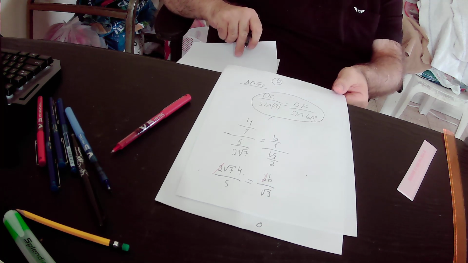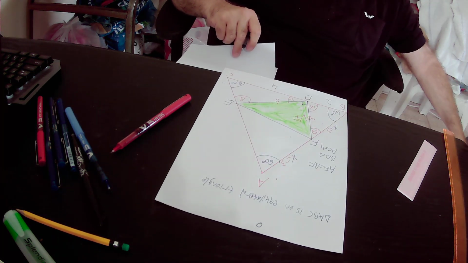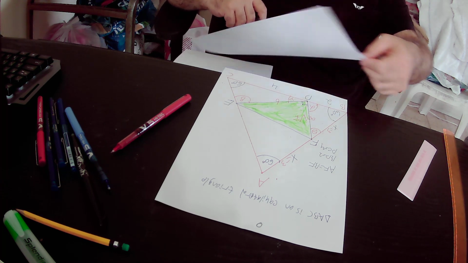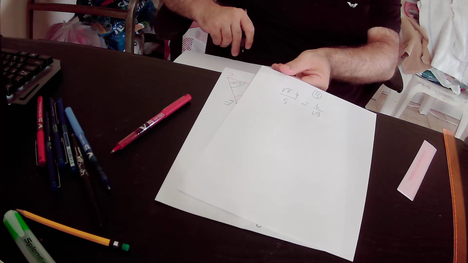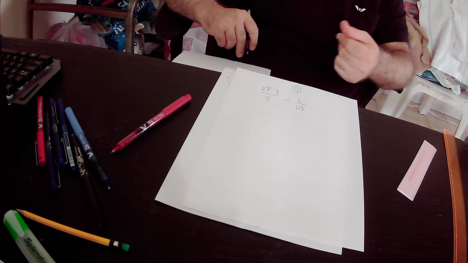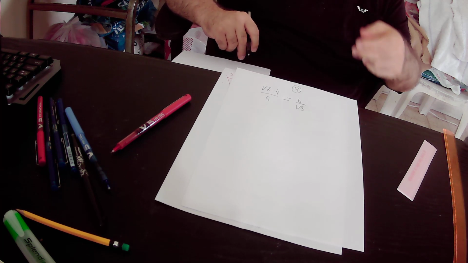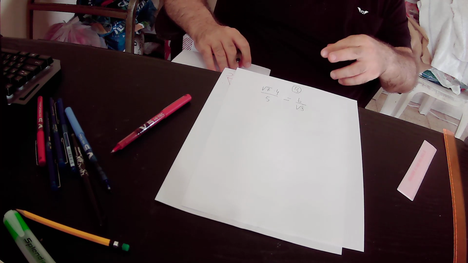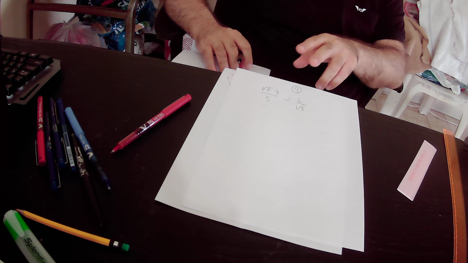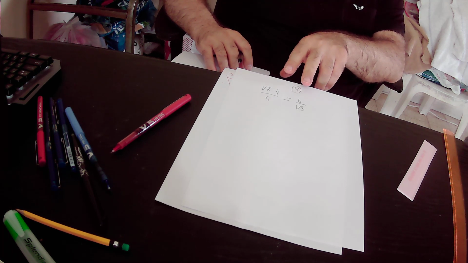Okay, so that is what is left after we cancelled 2. In the next step, we will multiply this equality by root 3 in order to get the value of b.